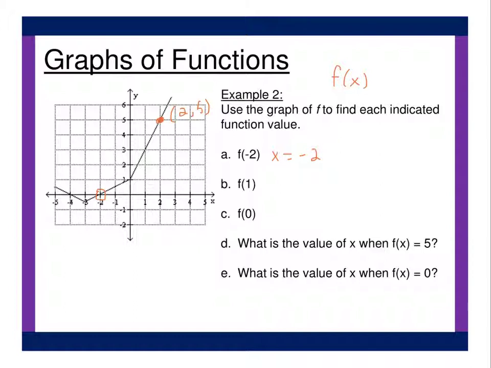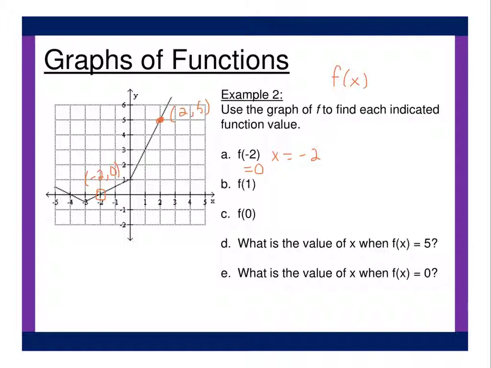What is the point there? Negative 2 comma what? Well, it'd be comma 0. So what it's asking for when it says f of negative 2 is what is the y value when x is negative 2. So our answer would be 0, because at negative 2 our y value is 0.